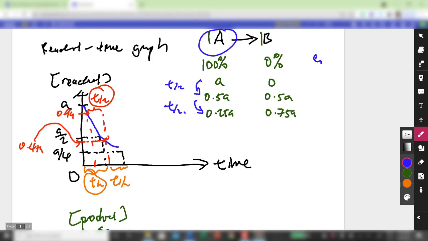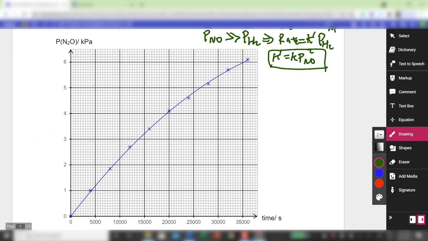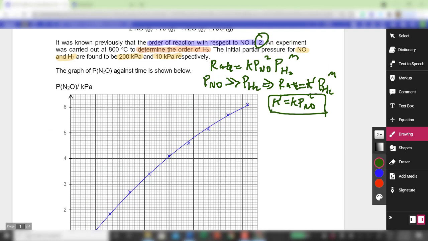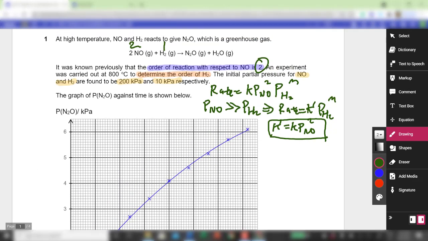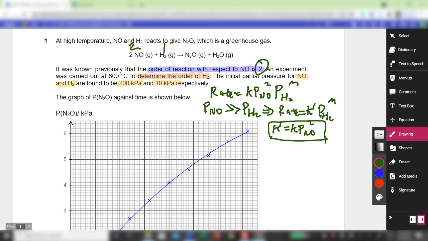Using the same idea, let's take a look at the consolidation exercise. But in this particular consolidation exercise, we met up with one major problem which you need to solve before you even try to determine the order of reaction with respect to H2. The first major problem is you need to determine the maximum amount of N2O that will be produced in the course of the reaction.